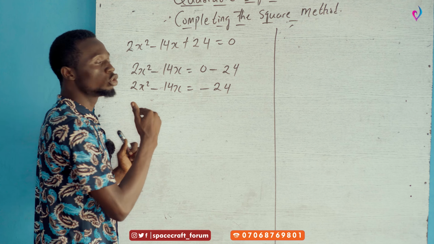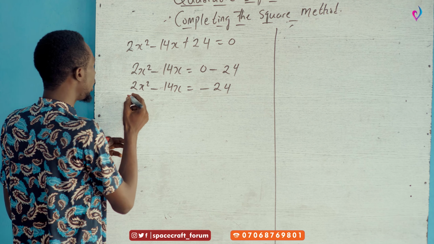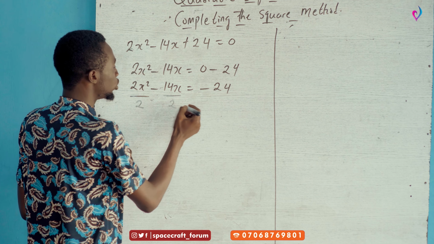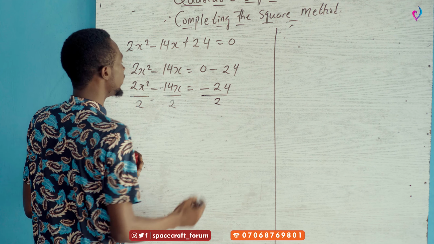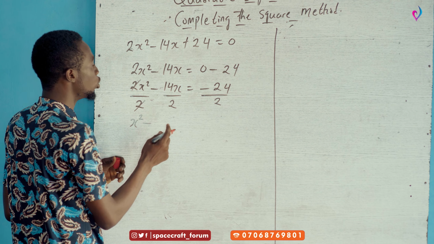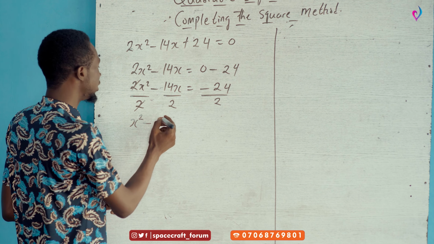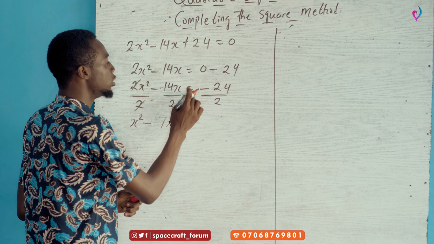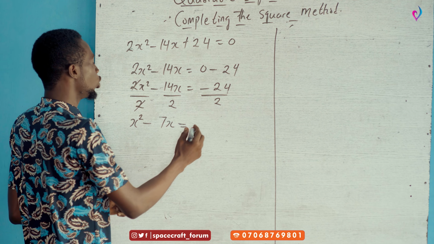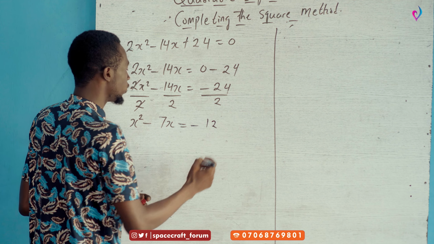Automatically, we can divide through by 2. So that is 2x squared divided by 2, minus 14x divided by 2, is equal to minus 24 divided by 2. 2 can cancel 2. We have x squared minus 14 divided by 2, which is 7x, is equal to minus 24 divided by 2, which is minus 12.